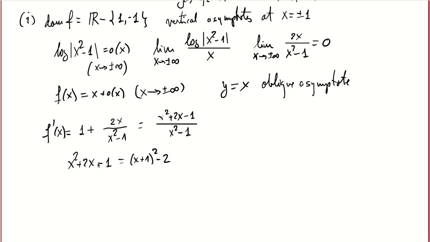So that means that x plus 1 is plus or minus the square root of 2. So the two roots of this are minus 1 plus or minus the square root of 2.